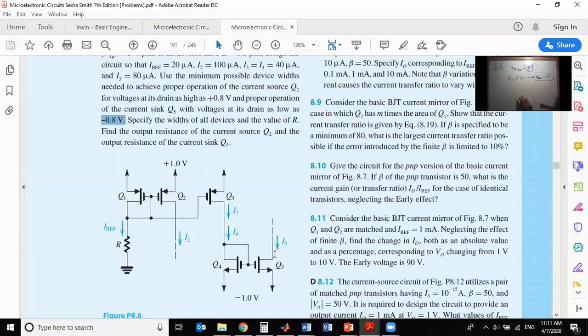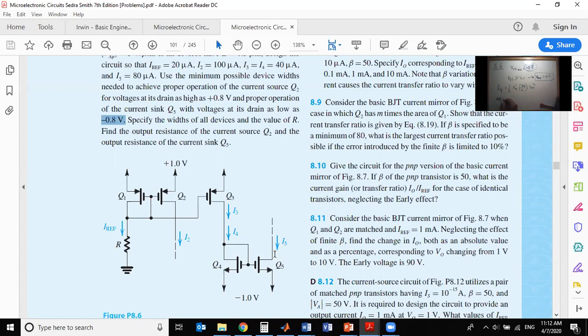And we can do the same thing to find W4 and then W5. So how to find W4? We go to the equation I4 equals half Kn prime, because this is an NMOS, times W4 over L times V overdrive squared. We know that V overdrive is 0.2. How much is I4? I4 is 40 microamperes.